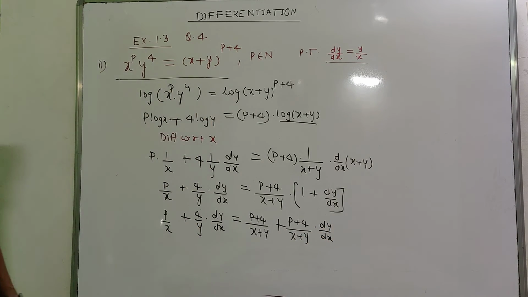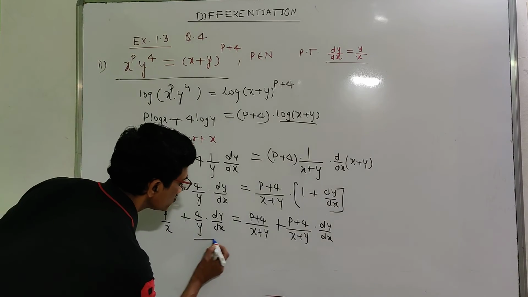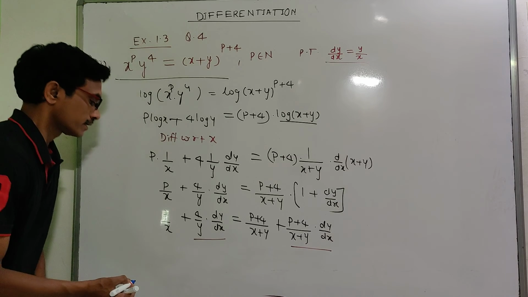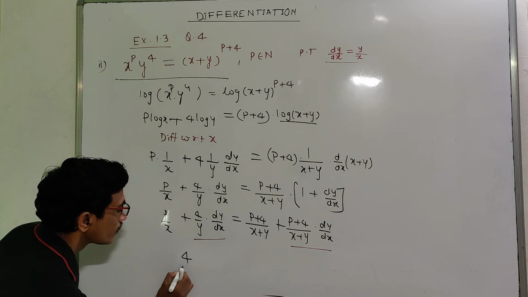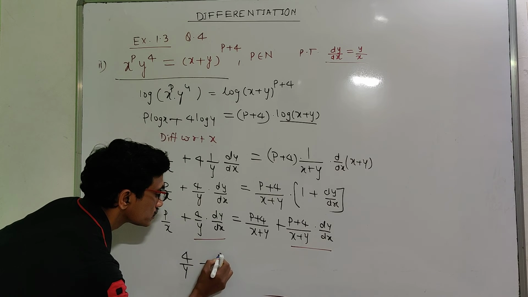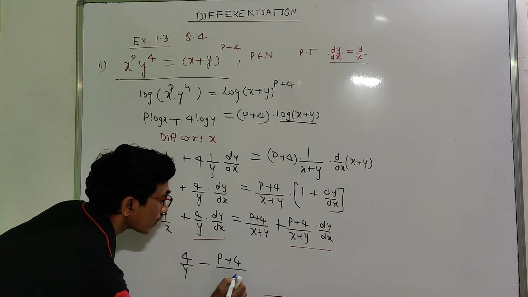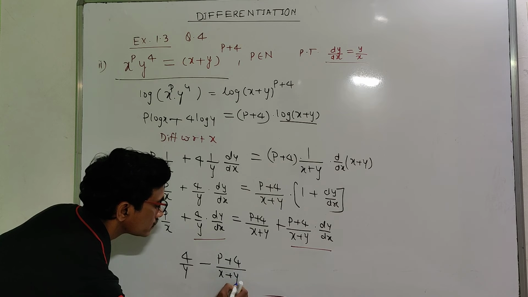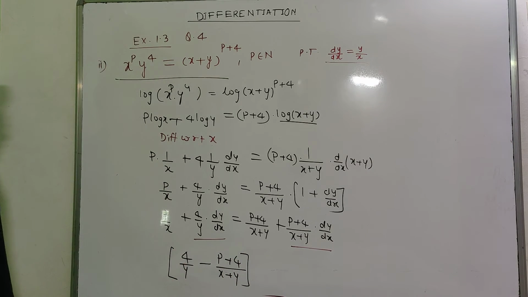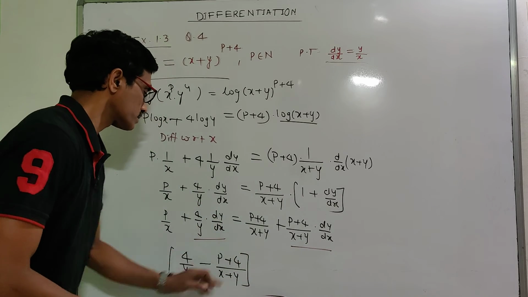Now this dy by dx term we collect from both sides: 4 by y minus (p plus 4) upon (x plus y), into dy by dx.